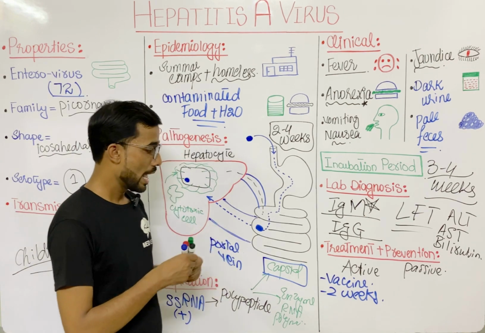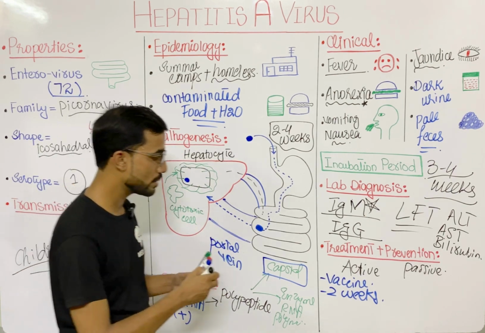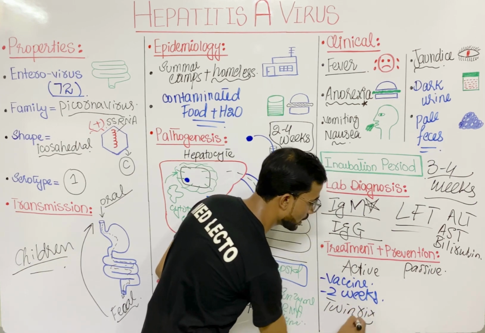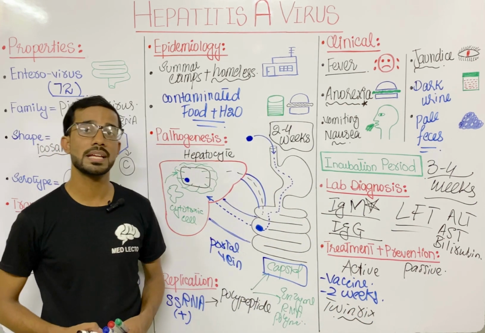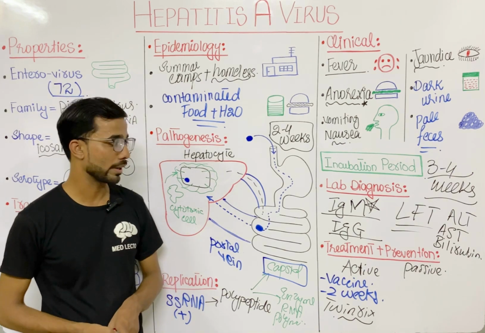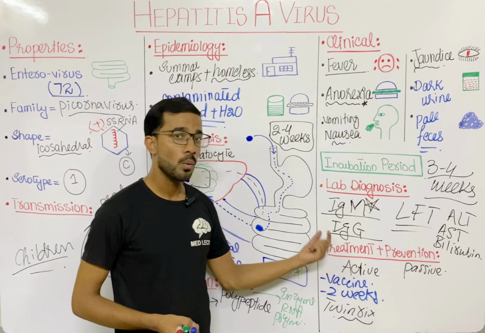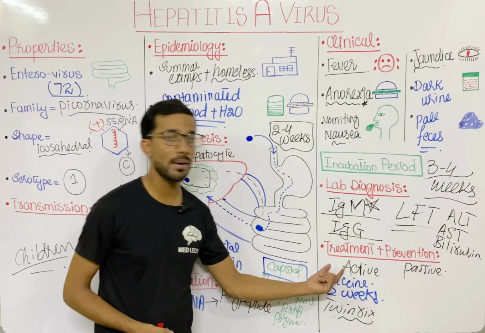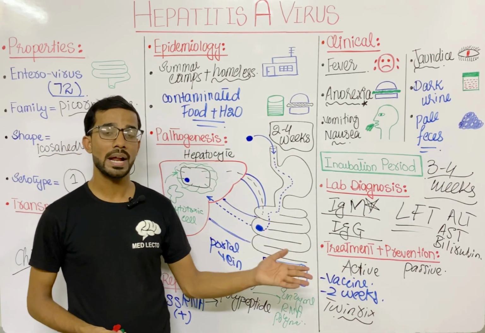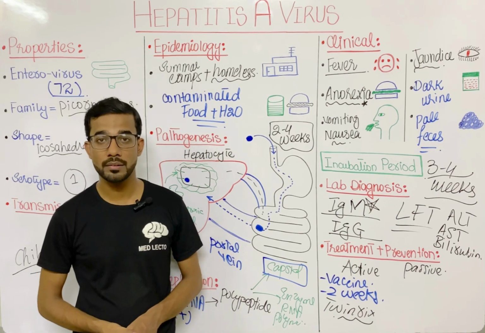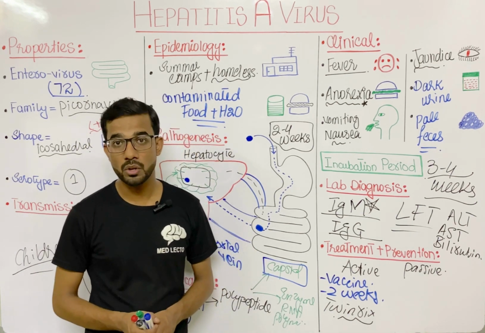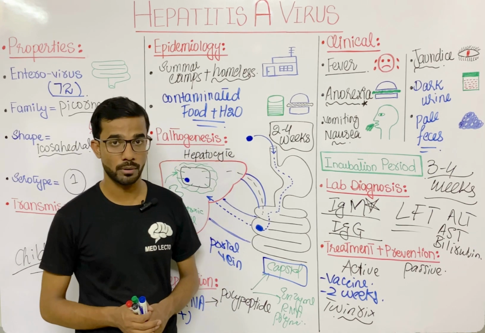Okay, and in that case, the most important vaccine is Twinrix. Twinrix is the vaccine that is used for the hepatitis A and B viruses. Okay, and what type of people actually require active immunization? People who are traveling to developing countries and those between 2 to 18 years of age.